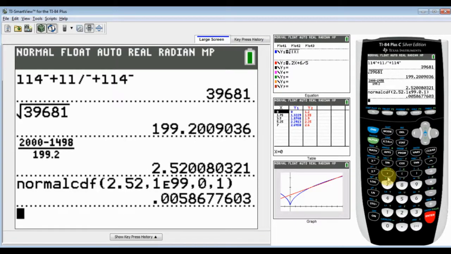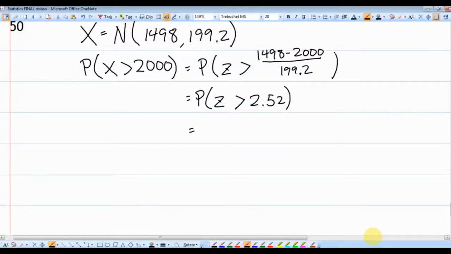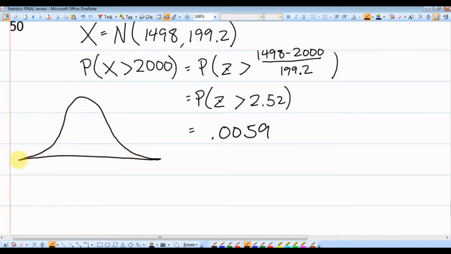Why don't we just draw this then? That's 0.0059. Let me write that down first. I really should have drawn this for you. So let's draw what we're looking at. We're looking at a normal distribution, which looks like a sombrero. The mean of my normal distribution is 1498, and it has a z-score of 0. I want to know the probability that we're greater than 2,000.